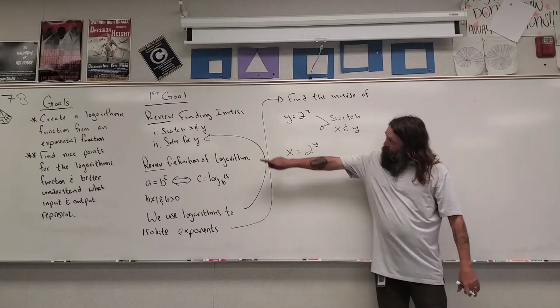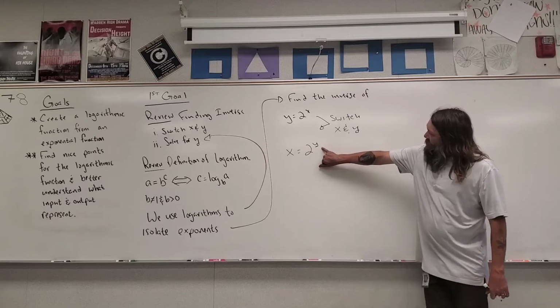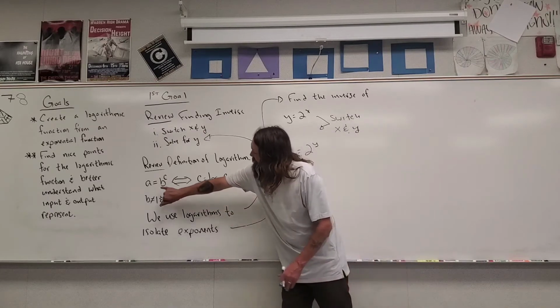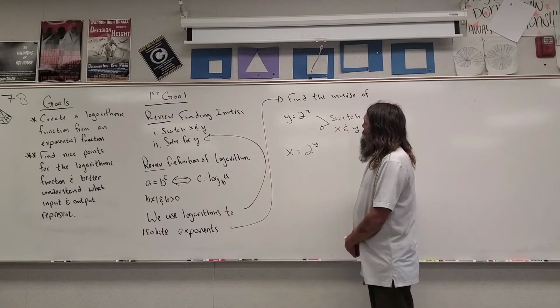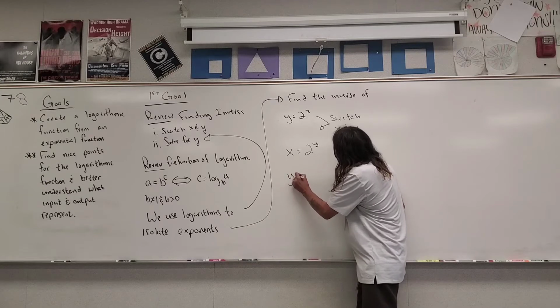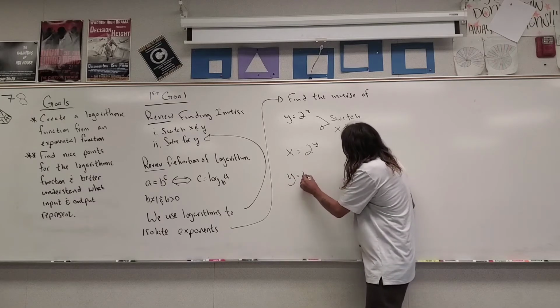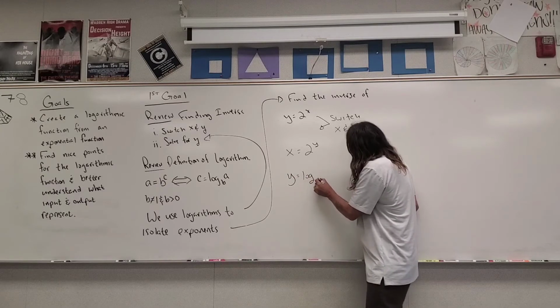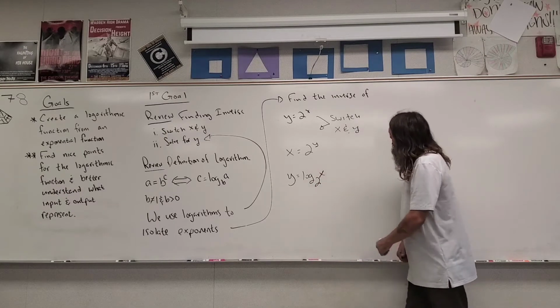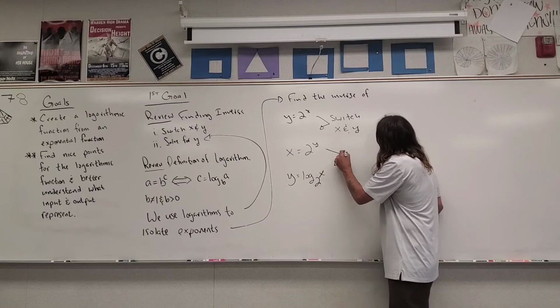Now, remember, we want to solve for y, and our y is an exponent, and we need to use a logarithm to isolate the exponent. So we're going to rewrite it like that, and now I have y is equal to log base 2 of x. Okay, and so to go from here to here, we use the logarithm.